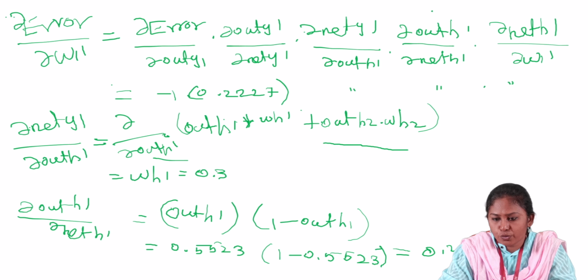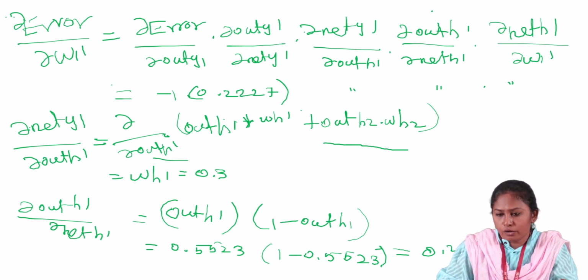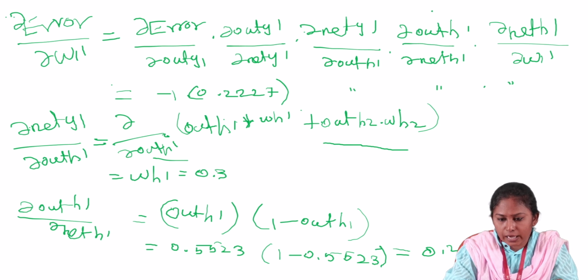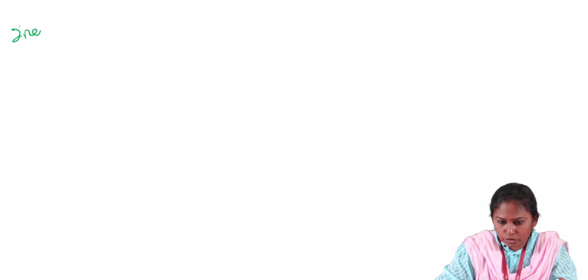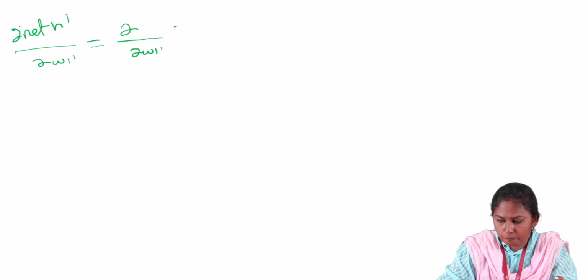Now the last one is ∂net h1 divided by ∂w11. To calculate this, ∂net h1 with respect to ∂w11, we used the formula x1 * w11 plus x2 * w21, right?